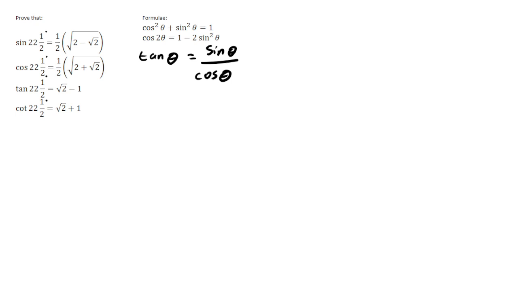If we replace theta with 22.5, we get tan 22.5 is equal to sine 22.5 divided by cos 22.5. And this is convenient for us because we already know sine 22.5 and cos 22.5 because we just proved them.